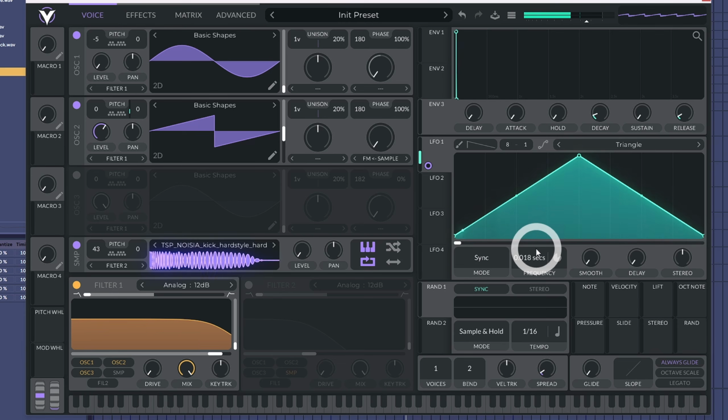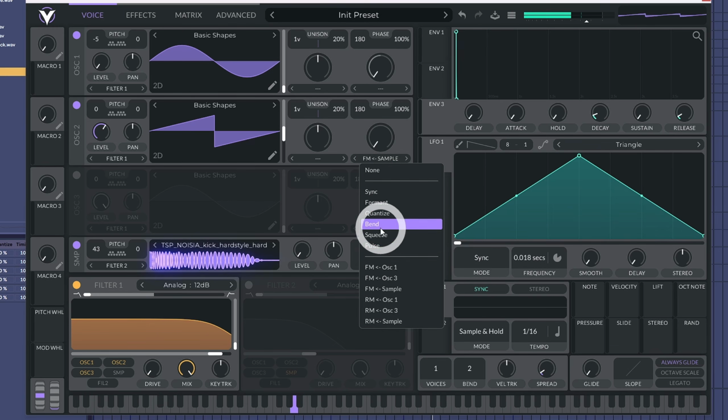And it doesn't really matter what we modulate with this. Let's try phase instead. How about FM amount? Nice. Let's try bend or pulse.